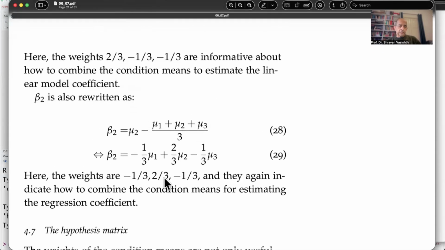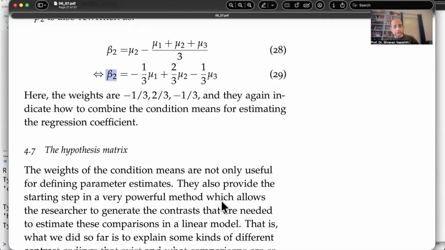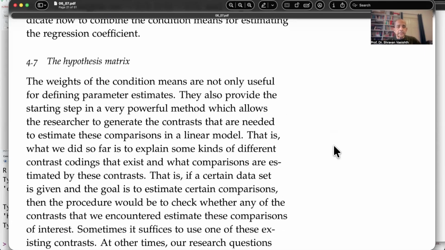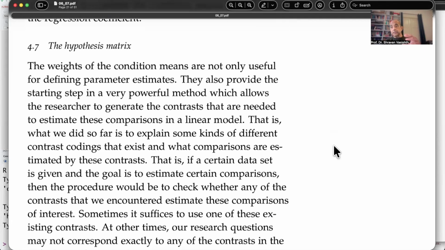What we've done so far is define the parameters in terms of mu1, mu2, mu3 by giving the three mu's different weights, and by giving them different weightings, we are defining a particular comparison. We are now going to generate the contrasts that we need in the linear model that represent those weightings, those comparisons.